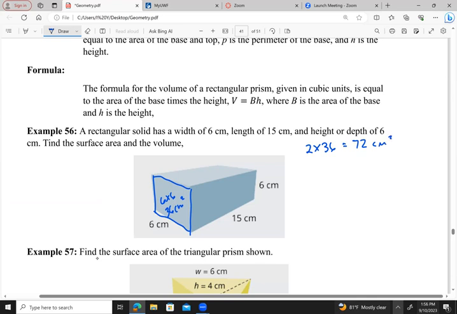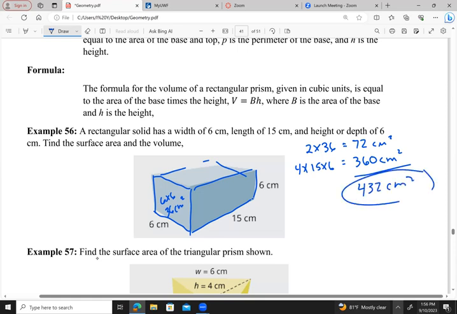Now if we look, we have 15 by 6. This is also 15 by 6. And then they have corresponding the same thing. So we actually have 4 times 15 times 6, which in this case would be 360 square centimeters. Add them up and we have 432 square centimeters. That is the surface area.